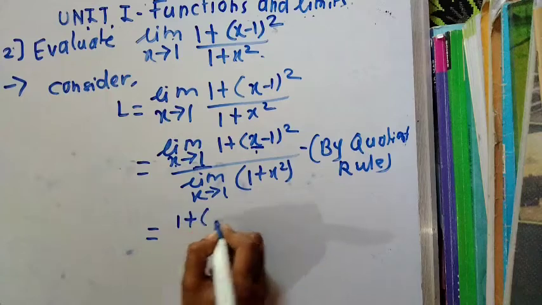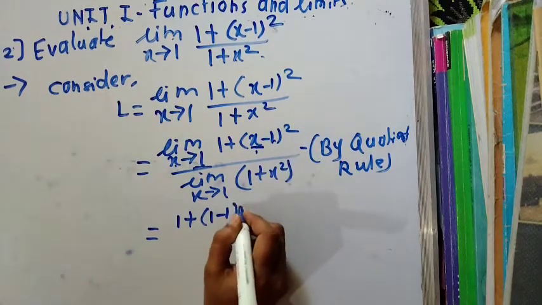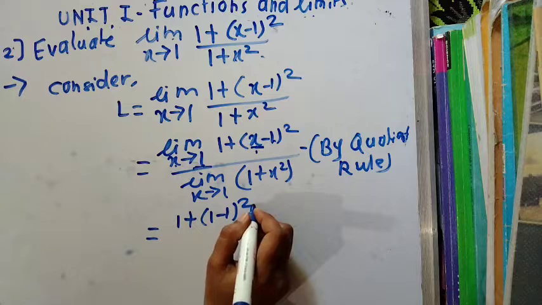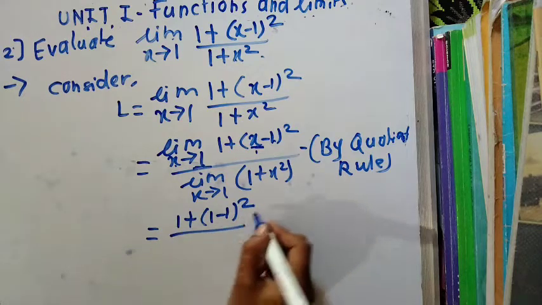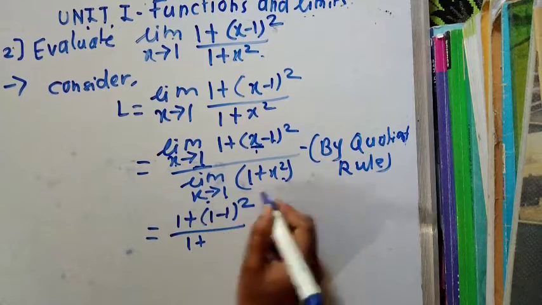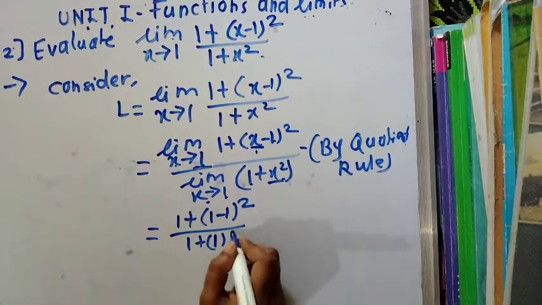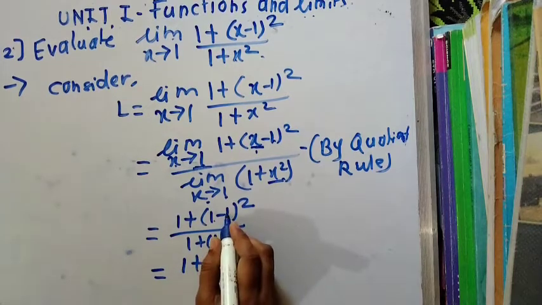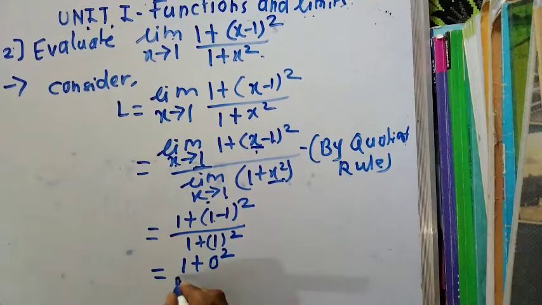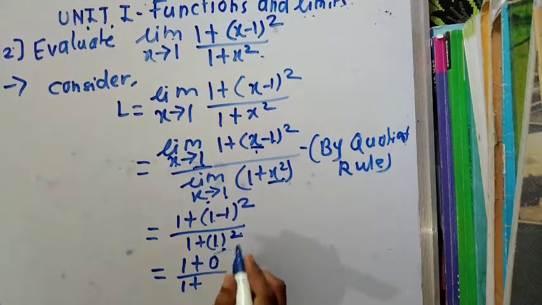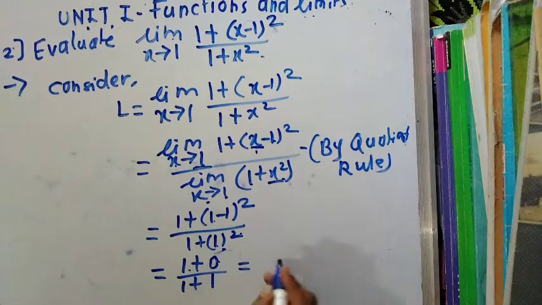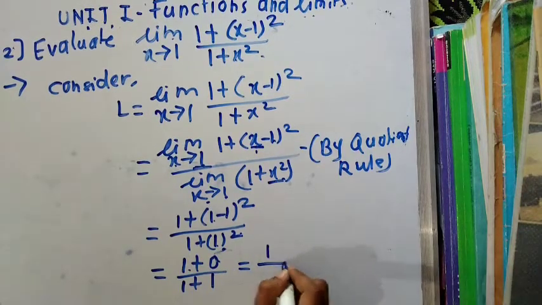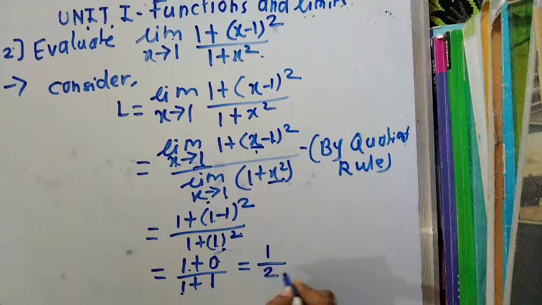So 1 plus 1 minus 1 squared divided by 1 plus 1 squared, since x tends to 1. Which is equal to 1 minus 1 is 0, so 0 squared is 0, and 1 plus 1 squared is 1. So 1 plus 0 is 1 divided by 1 plus 1 is 2. So 1 by 2 is the answer.